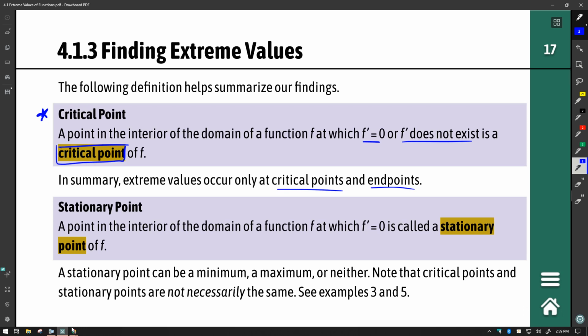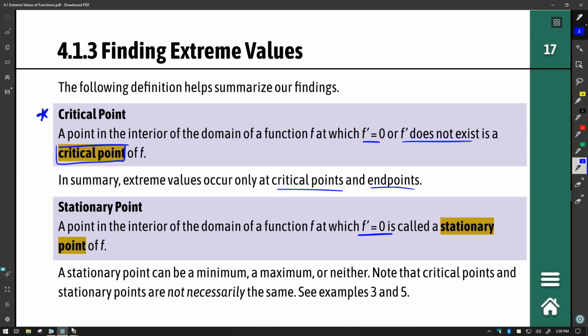Also a stationary point. So a stationary point is a point in the interior of the domain at which the function's derivative f prime is 0. So that excludes the f prime does not exist case. So if f prime is just 0, that's going to be a stationary point. But I will warn you that for the most part, we use critical point a lot more than we use the term stationary point.